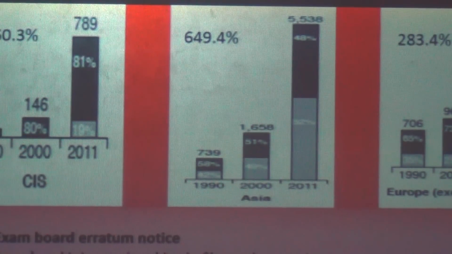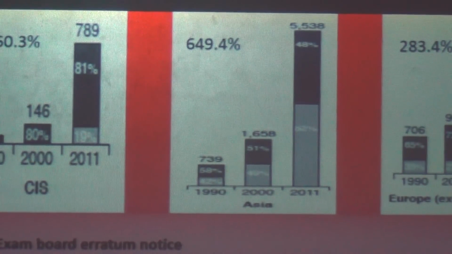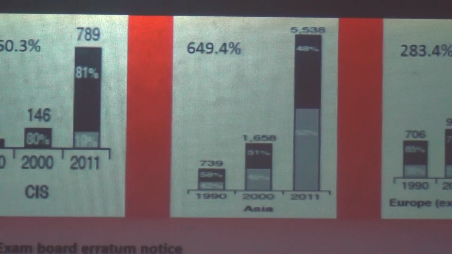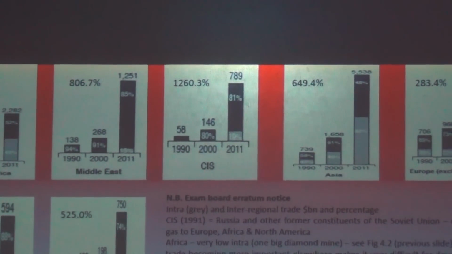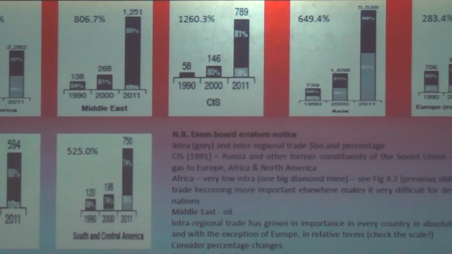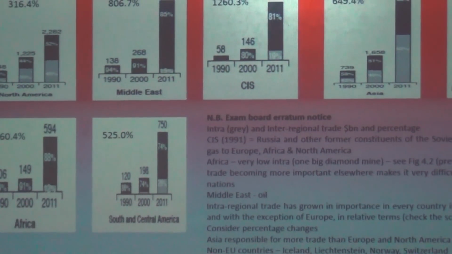Now the interesting thing is, we've been presented with new data for figure 4.2, and so we might want to link what's going on in figure 4.3 with figure 4.2. It's clear that over time, trading within the blocks is becoming more and more significant and more important.